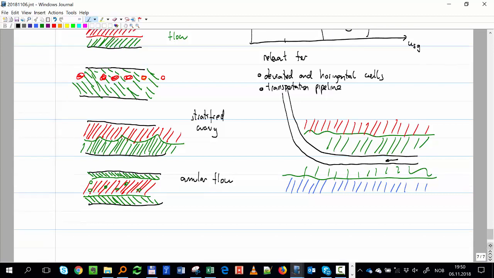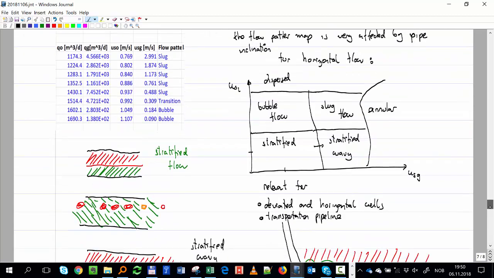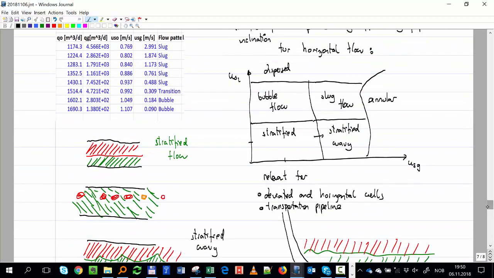Now what affects the change? Why do we change from flow pattern to flow pattern? And be aware of something. Some changes, like for example from bubble to dispersed, are very gradual. I just increase the velocity of the liquid and it will start to make the bubbles smaller and smaller and smaller. But if you see here, the jump from here to here is very drastic.